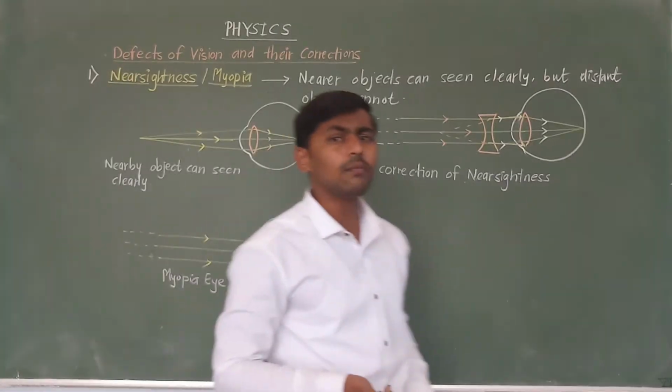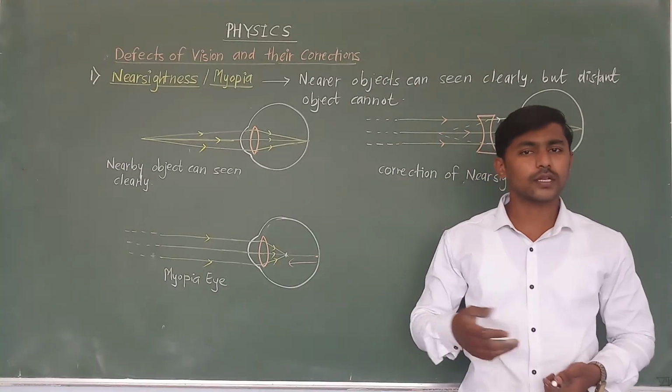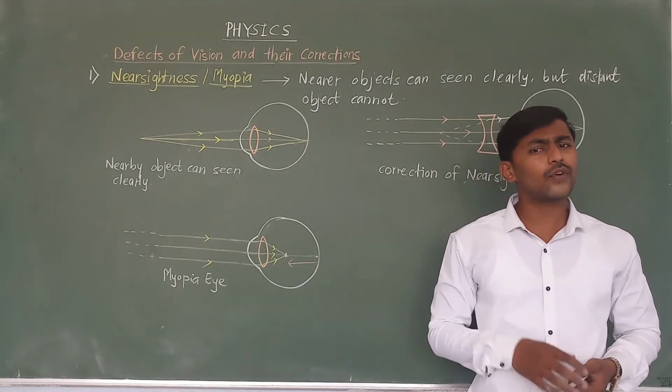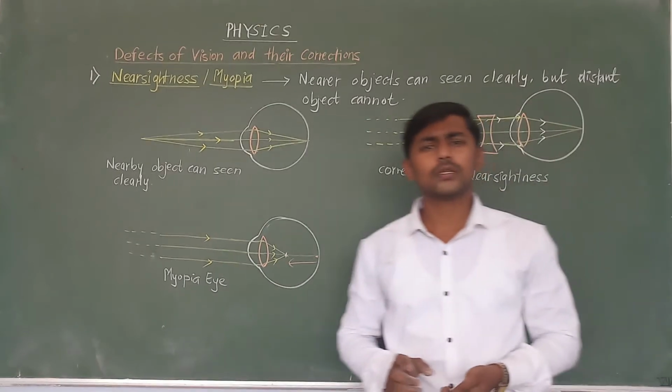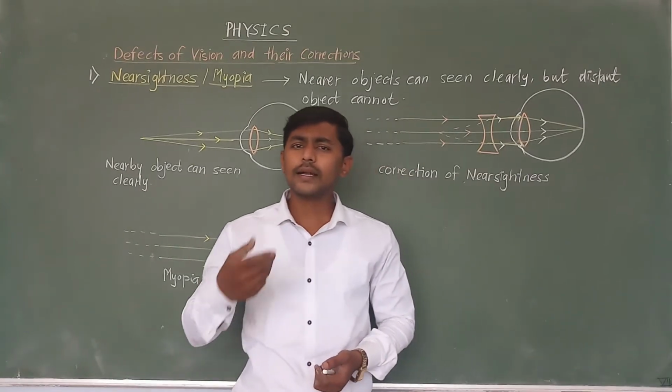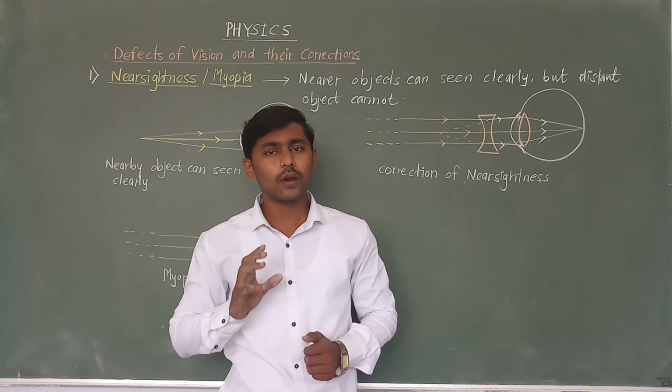So how to overcome those difficulties or defects? To overcome those defects, one should use spectacles containing a concave lens.